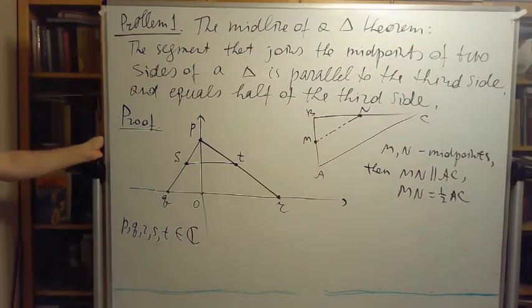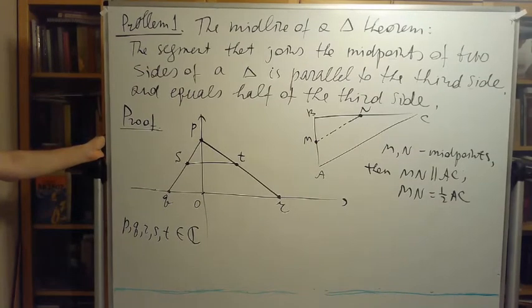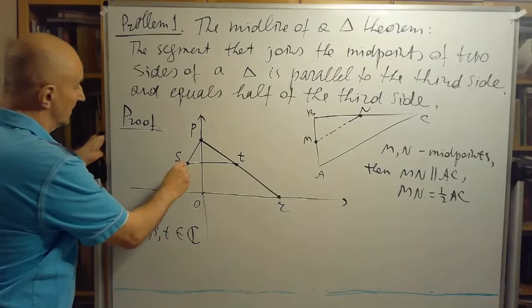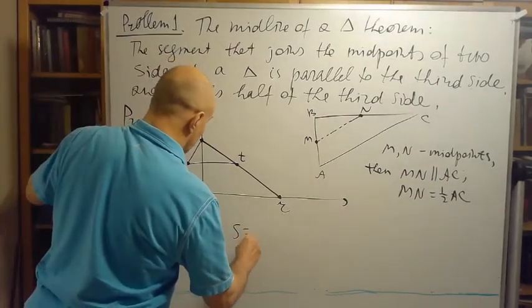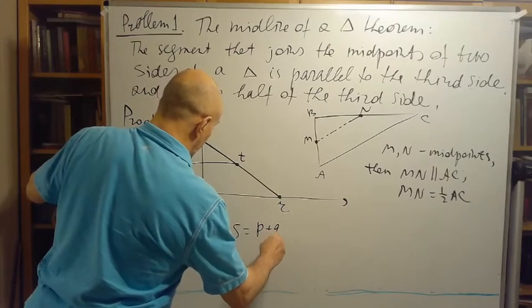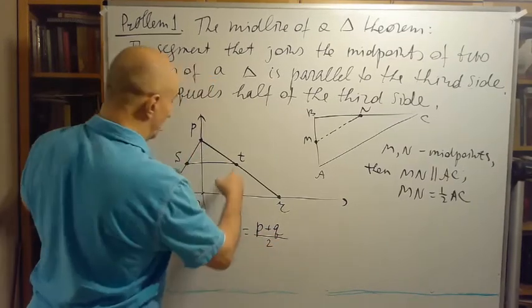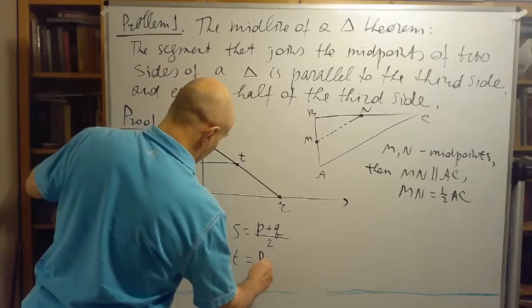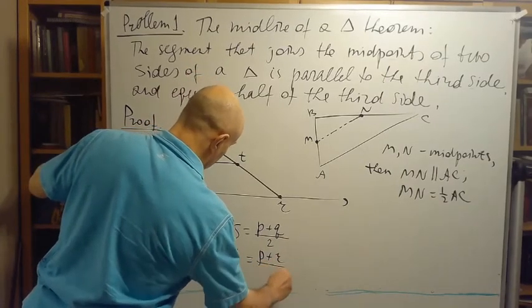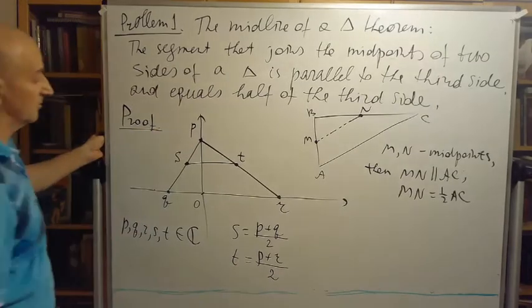So, how do I prove this statement? Very easy. I will say point S is a midpoint between P and Q. So S must be (P plus Q) over 2. T must be (P plus R) over 2, right?